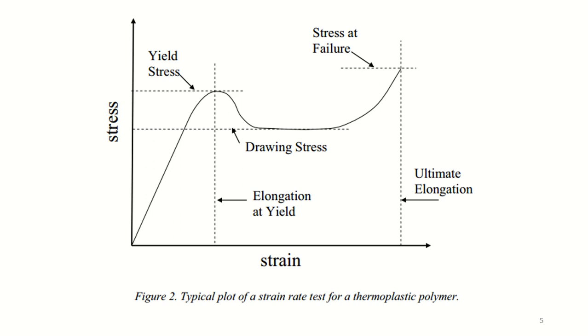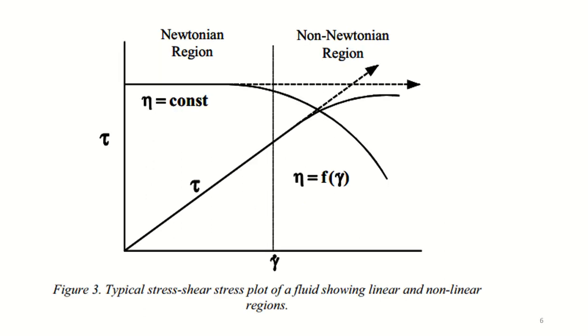Most polymer melts reveal a viscosity dependence with a shear rate, as shown in figure 3, with the linear region for a low shear rate and shear thinning for higher shear rates.